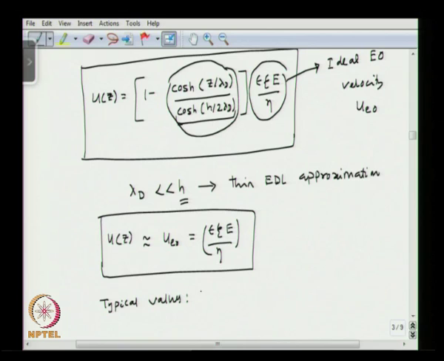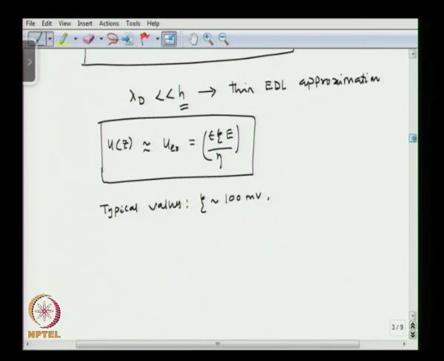Some typical values: the zeta can be of the order of 100 millivolts, and we can define a parameter called electroosmotic mobility, which is the ratio between the ideal electroosmotic velocity and the electric field.